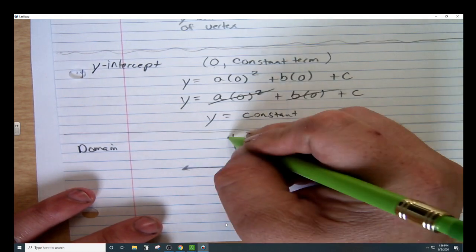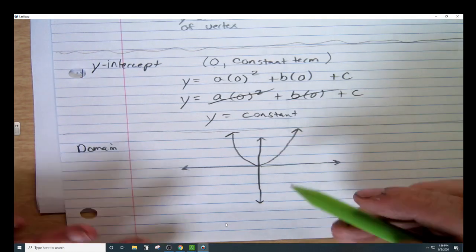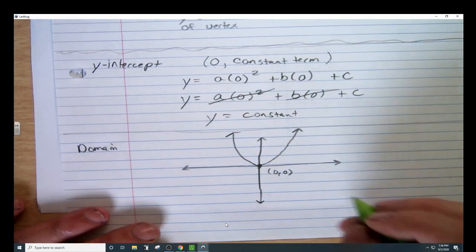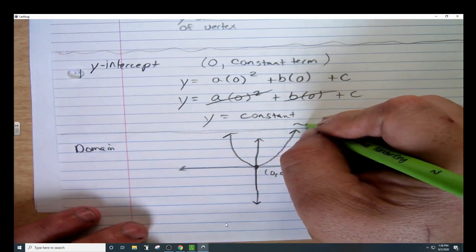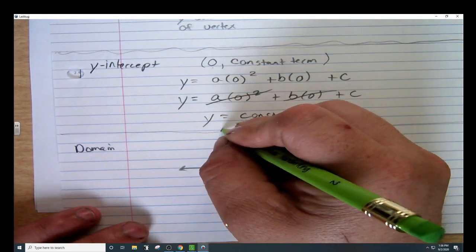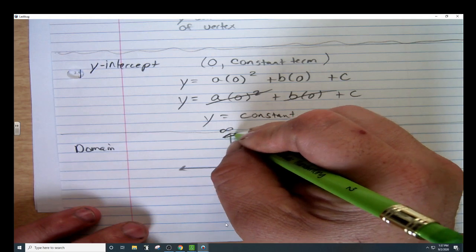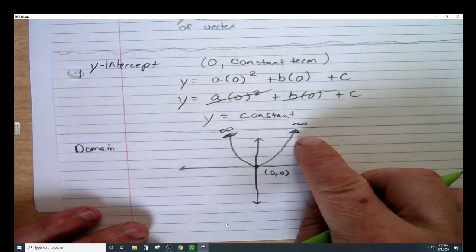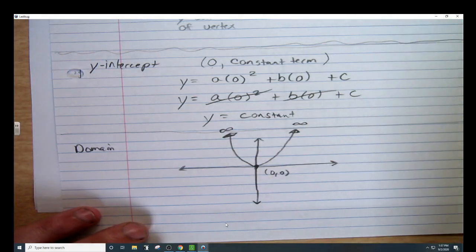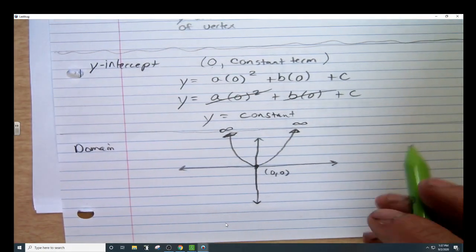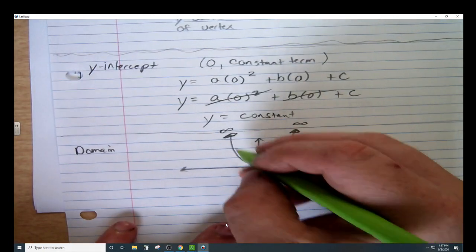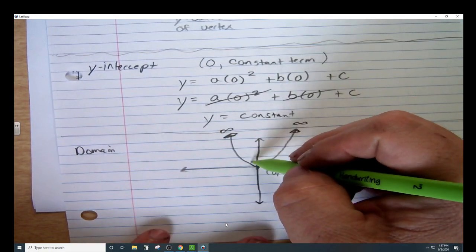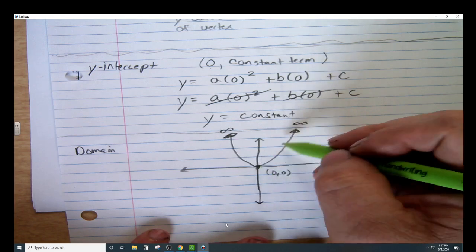Vertex is 0, 0. Remember I said that if you have a parabola, it should have arrows on the end. Arrows means it goes on forever to positive infinity. Remember what it does: this thing's going in a northwest direction and a northeast direction.